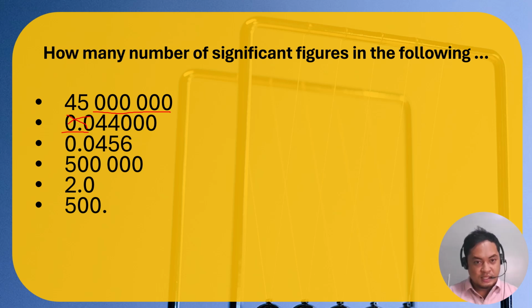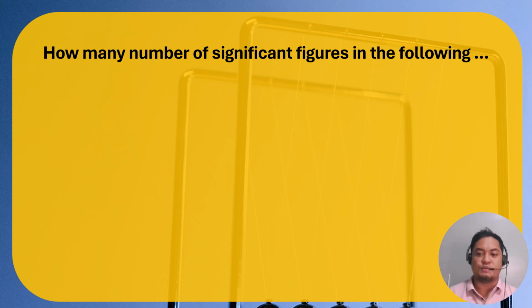But we still have zeros here, which are also not significant. And then we also have zeros at the end, and zeros again here, and we have a zero considered as a decimal point. What do you think are the number of significant figures in the following?